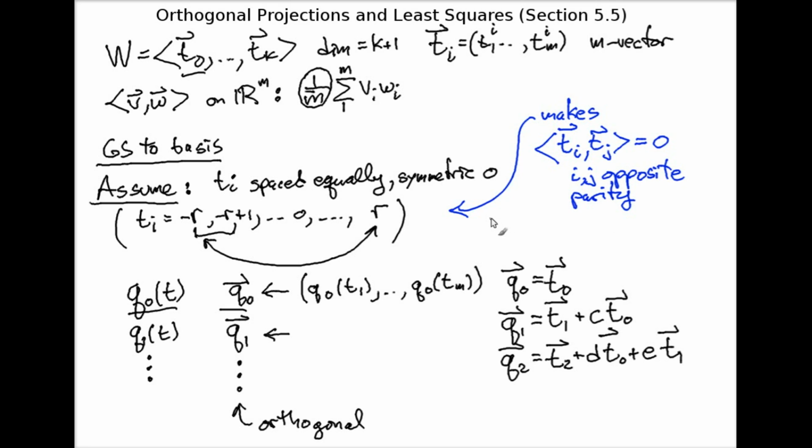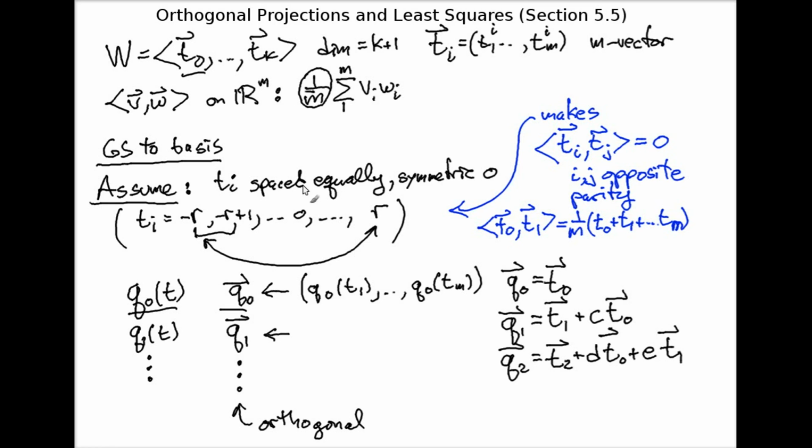So, for example, T0 paired with T1 is 1 over m times 0 plus T1 plus dot dot dot Tm.